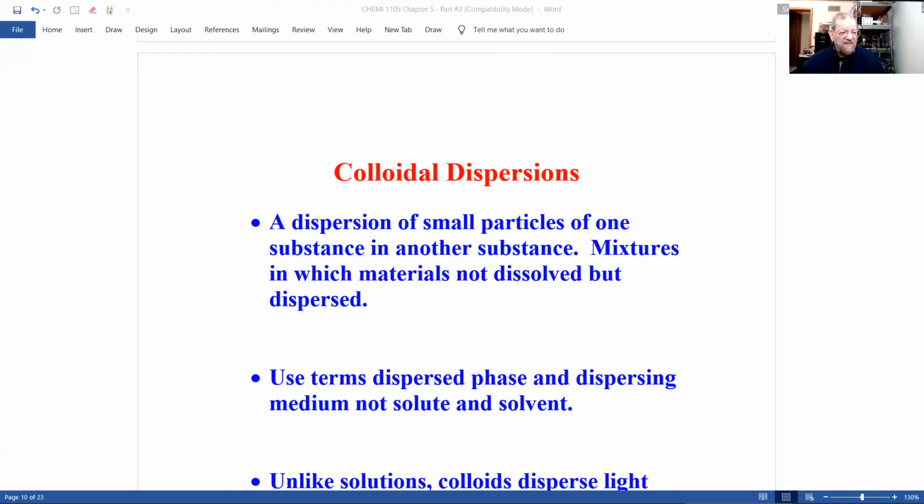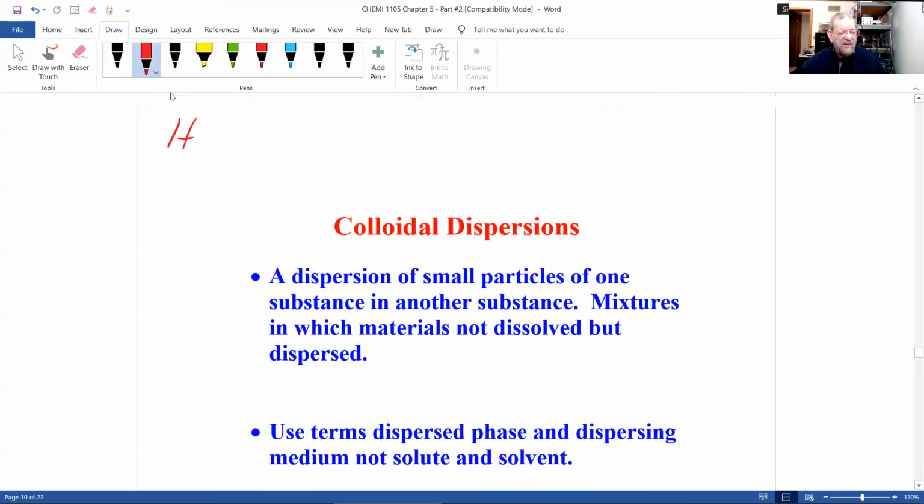Before I go any further, I'm giving you guys a lot of hints today. Now, a colloidal dispersion, unlike a solution, is a dispersion.